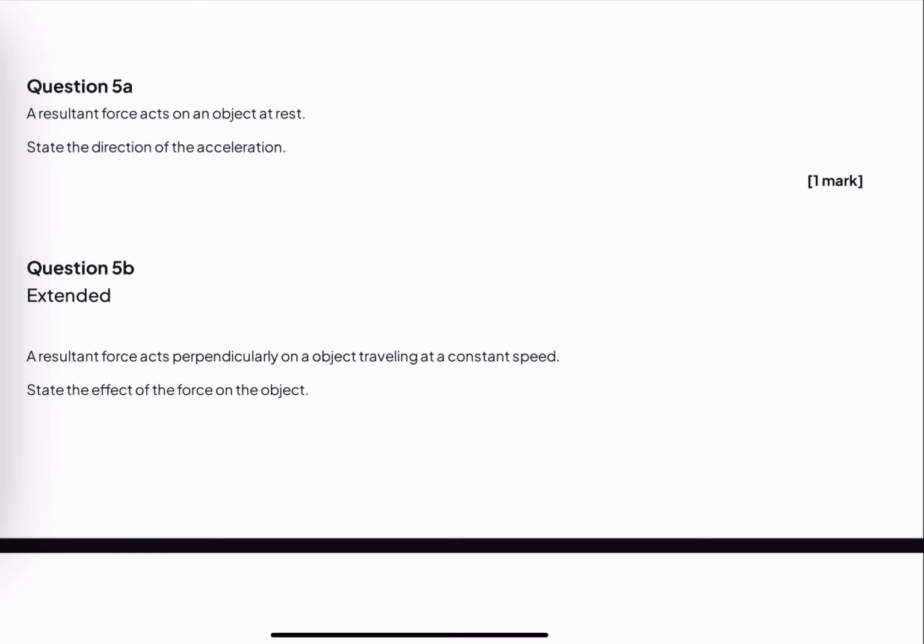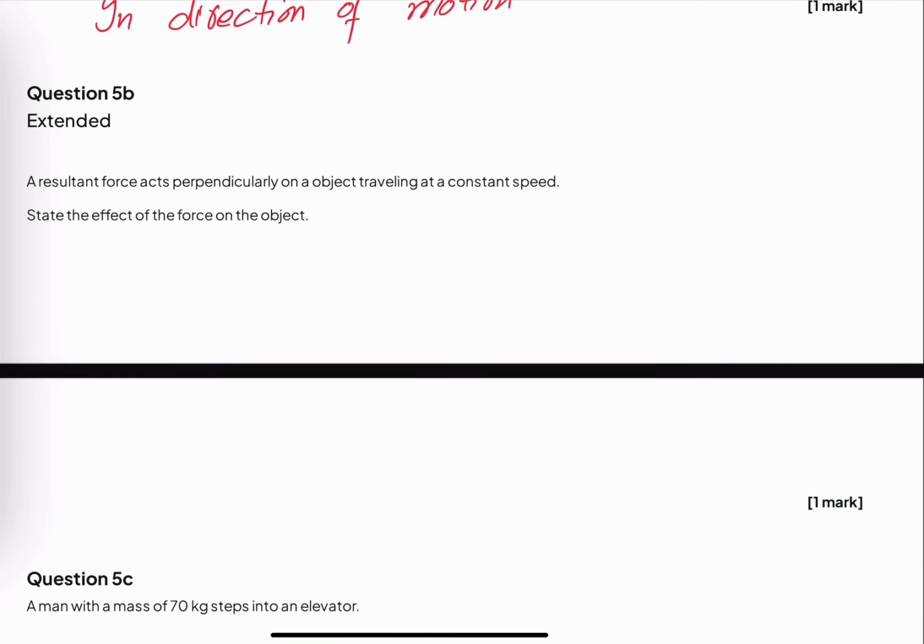In question 5a, a resultant force acts on an object at rest. State the direction of the acceleration. So a resultant force is acting and the object was at rest. The direction of acceleration will be in the direction of motion. In 5b, a resultant force acts perpendicularly on an object traveling at a constant speed.